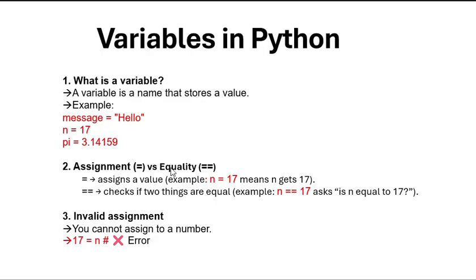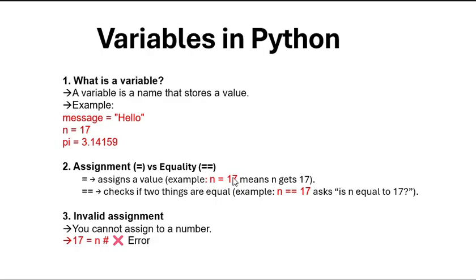And assignment versus equality. Here, the assignment operator assigns a value. For example, n is equal to 17, which means n gets 17. We are assigning 17 to that n. This is a variable name. We are assigning the value 17 to that variable name.